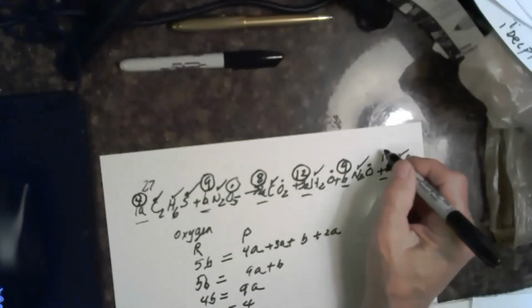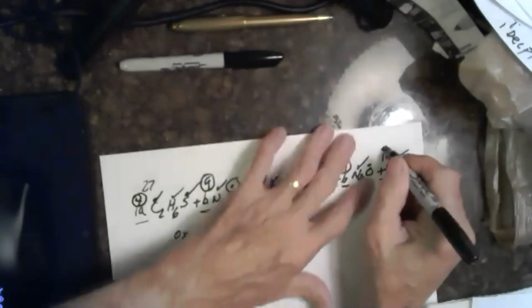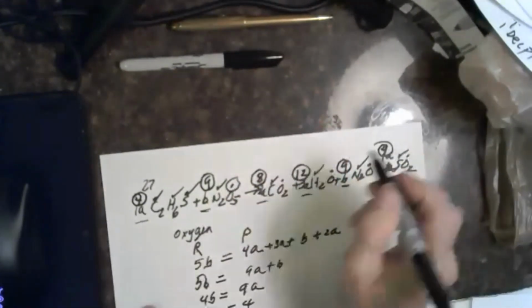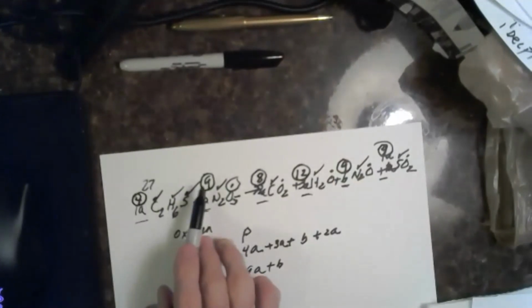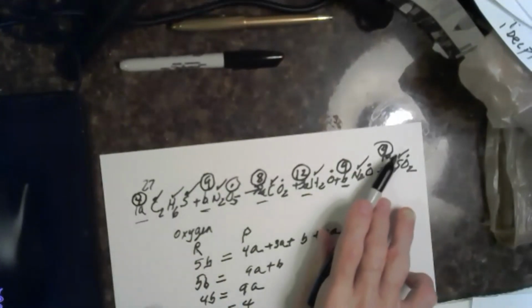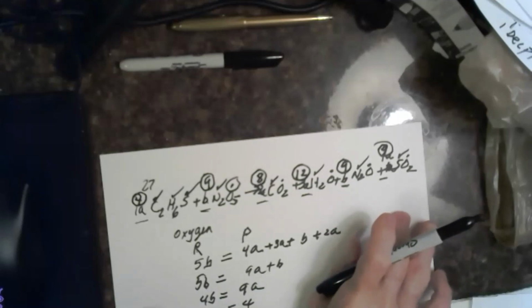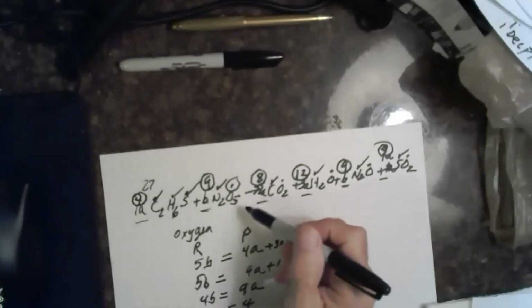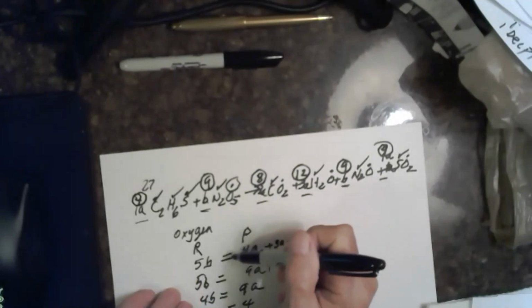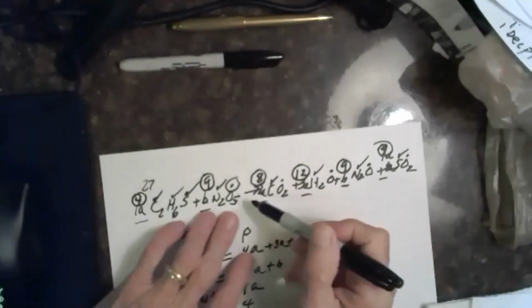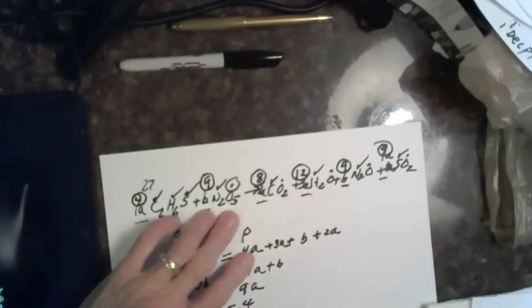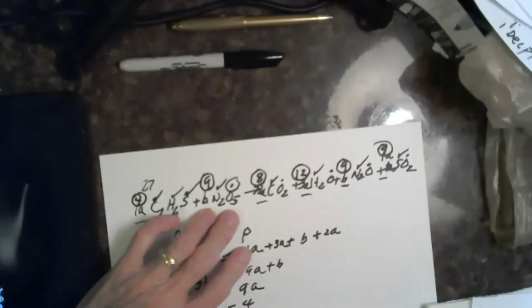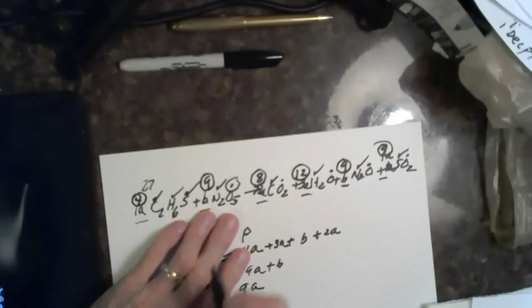And A is a 4, that's 4. So the coefficients are 4, 9, 8, 12, 9, 9. Okay, what was the answer? It says A is correct. Let's see the number of oxygens. So for the number of oxygens on the left, I have 5 times 9 would be 35. Uh-oh.